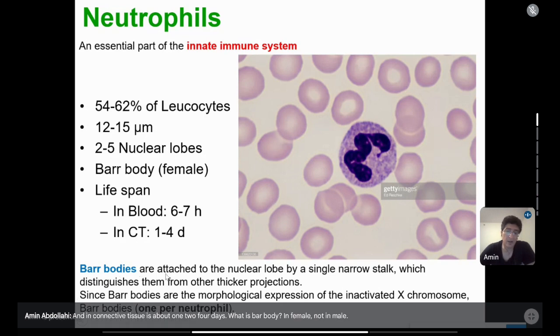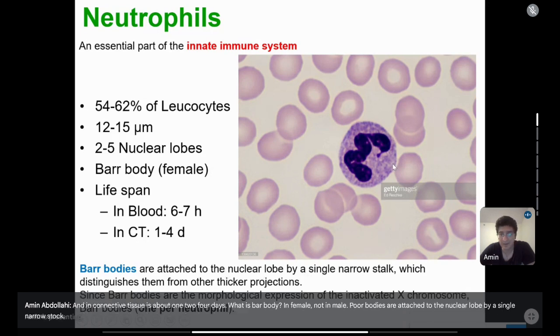Bar bodies are attached to the nuclear lobe by a single narrow stalk. This one. Here is a bar body in female blood tissue, not in male. If you look at the male neutrophil, you cannot see a bar body. This bar body is just in female blood tissue, okay?